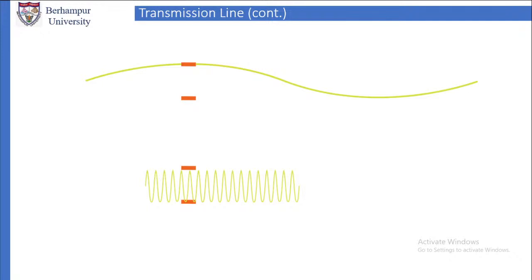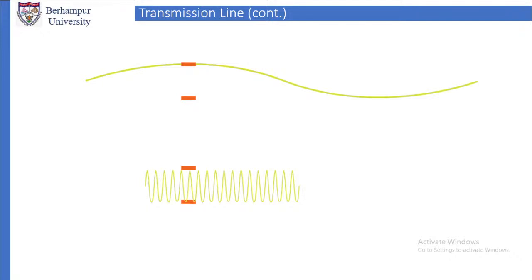Now there you can see that over the transmission line, the signal value almost remains constant. It does not change. So the transmission line theory we are not required to apply here.